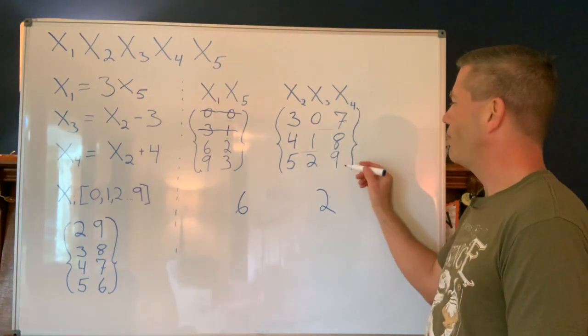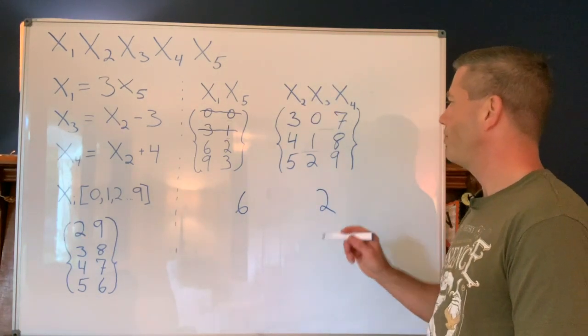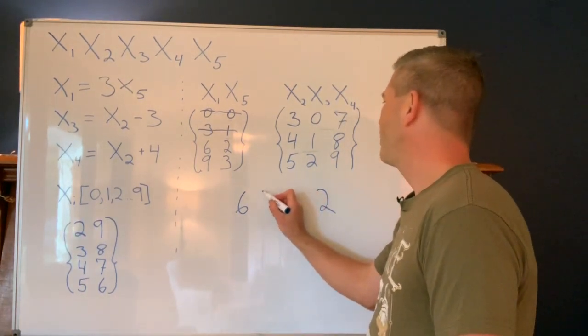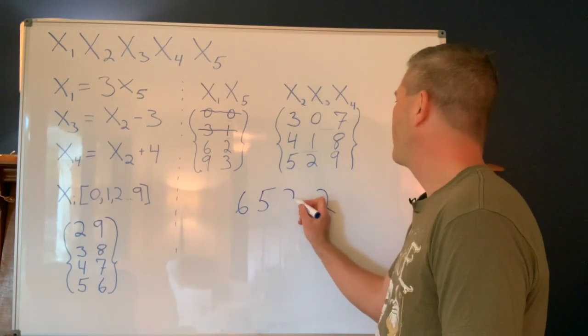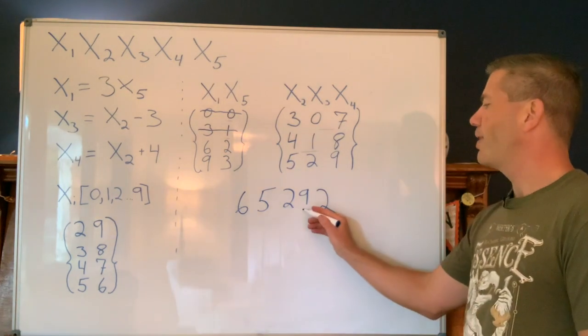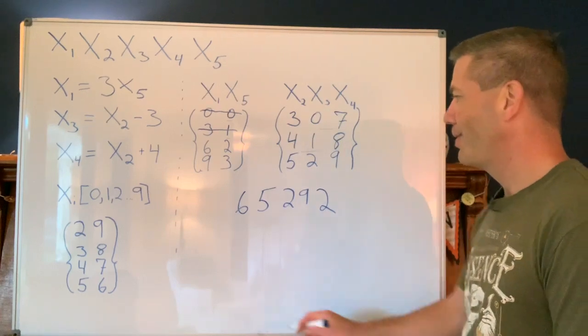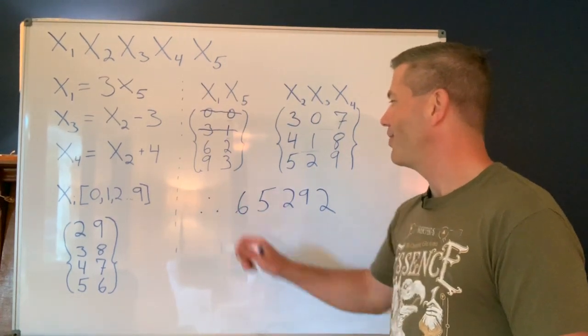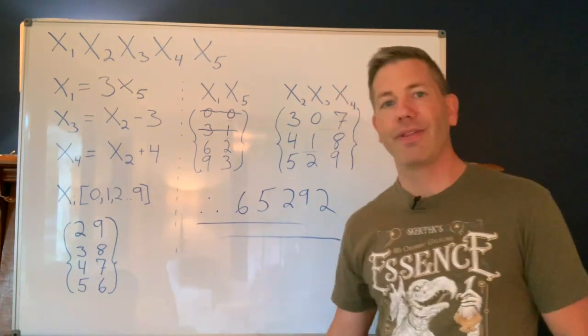How about this row? Do we get pairs of 11? The answer is yes. We have 6 plus 5 is 11. We have 2 plus 9 is 11. And 9 plus 2 is 11. That means we can stop there. And that is the answer.